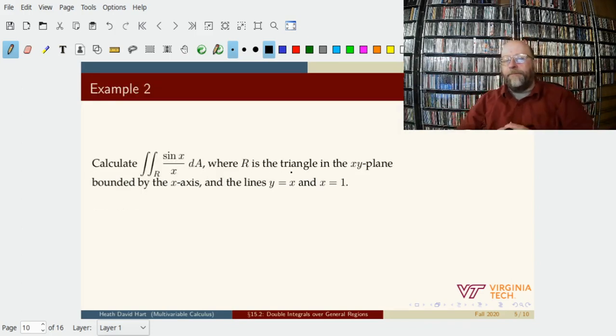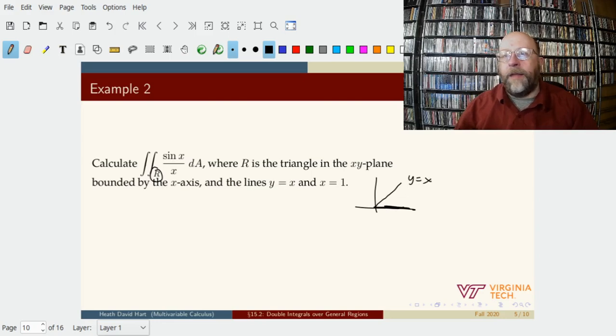Let's move on. Let's calculate this integral here. Sine of x over x over this region. R here is the region bounded by the x-axis. So here's the x-axis. And a line y equals x.